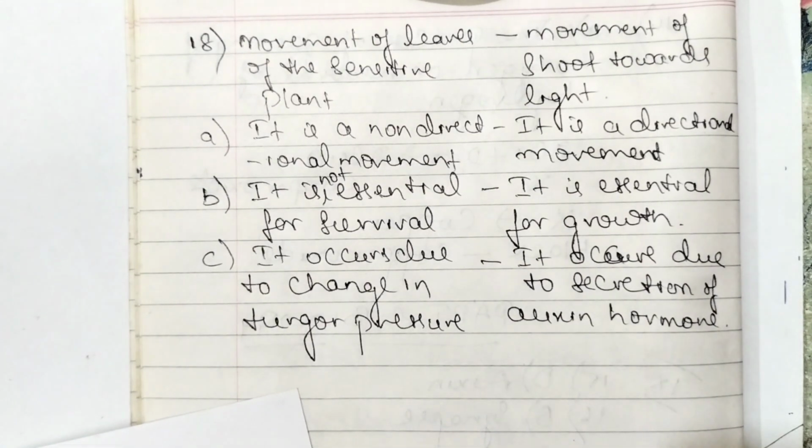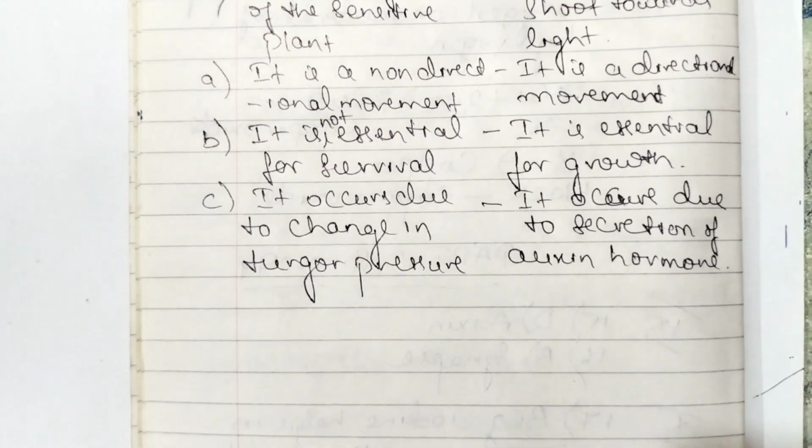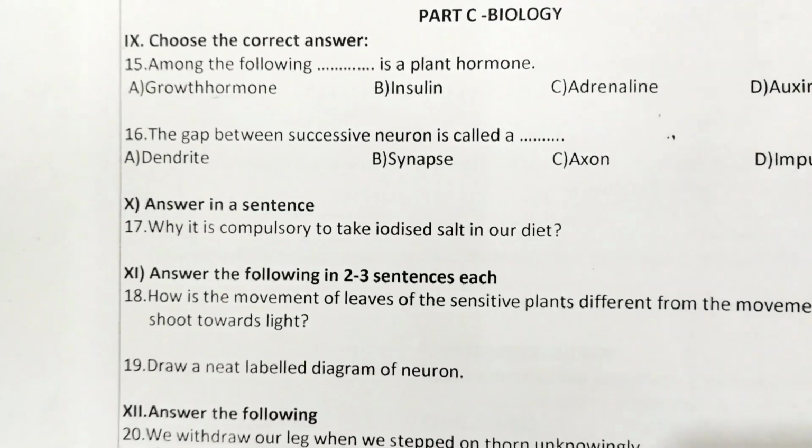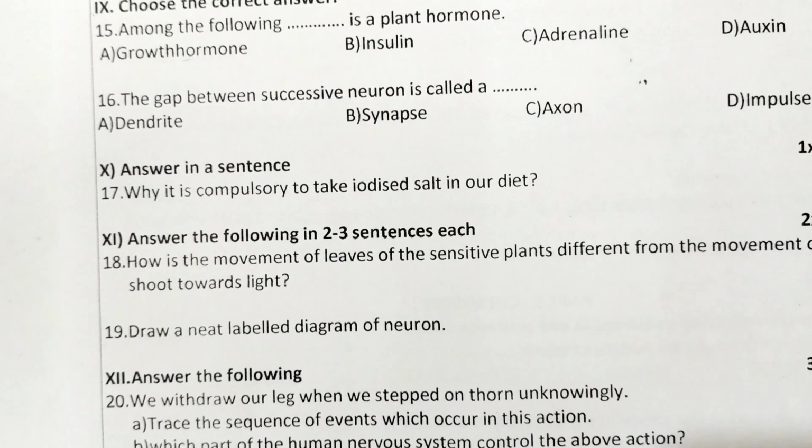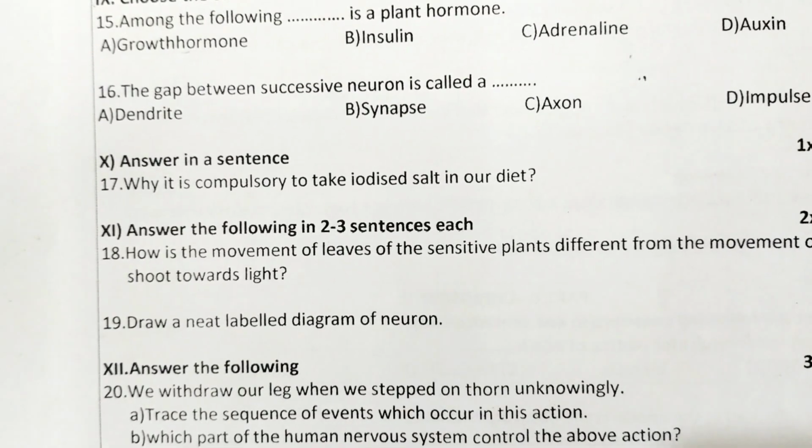So these are the three differences between the movement of leaves in the sensitive plant and the movement of shoot towards light. Now let us move to the 19th question, that is draw a neat labelled diagram of neuron.